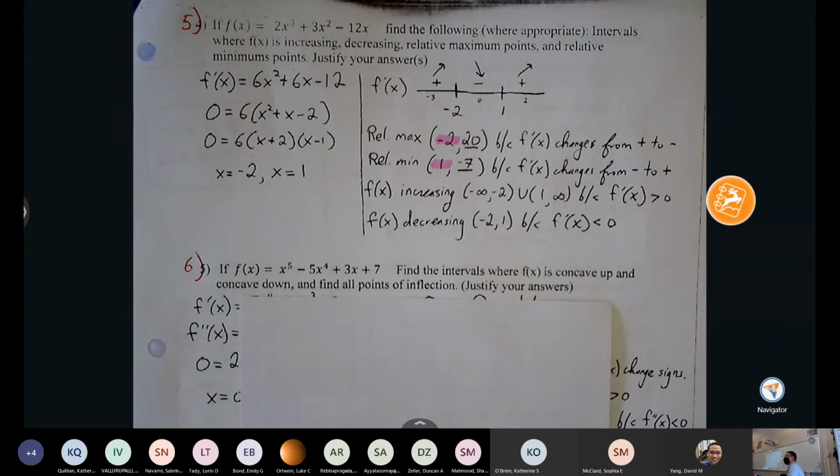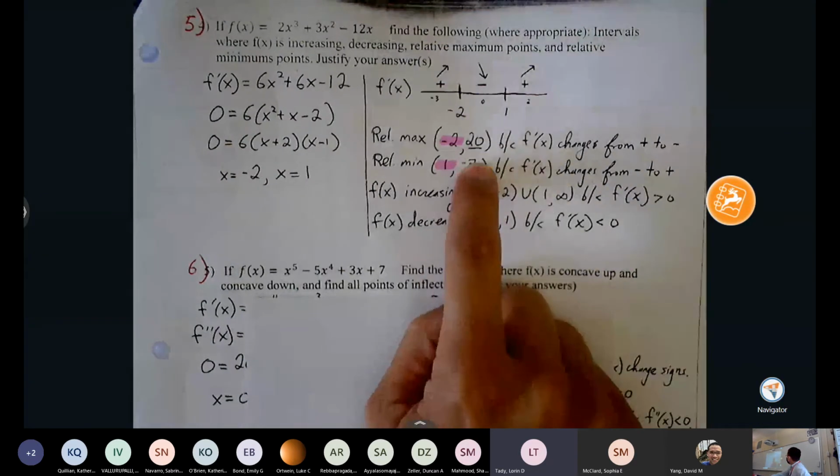Okay, if you get done with 5, try number 6. Mr. Yang, on the test, will we have to write on number 5 where it says relative max and it says -2, comma, and then you wrote in 20?